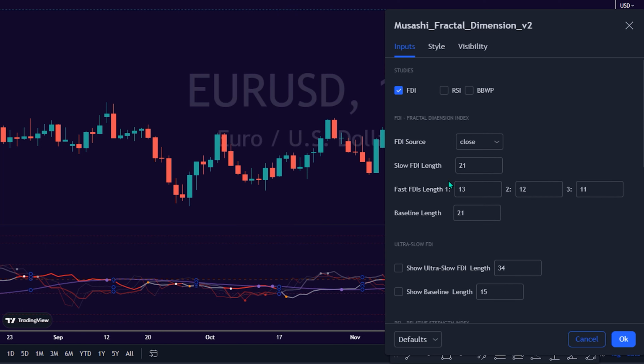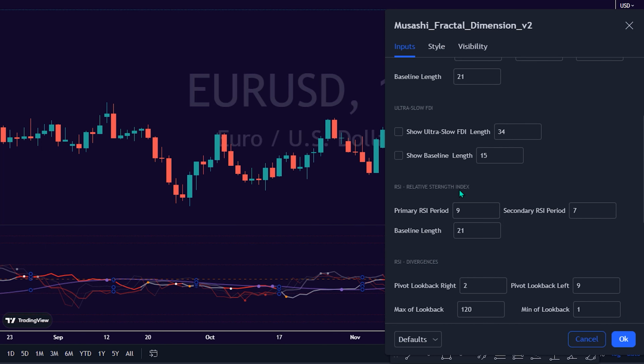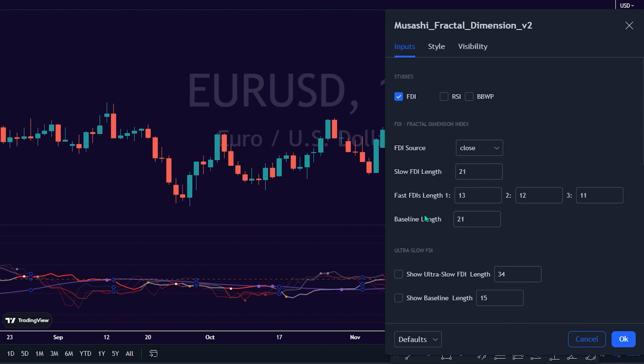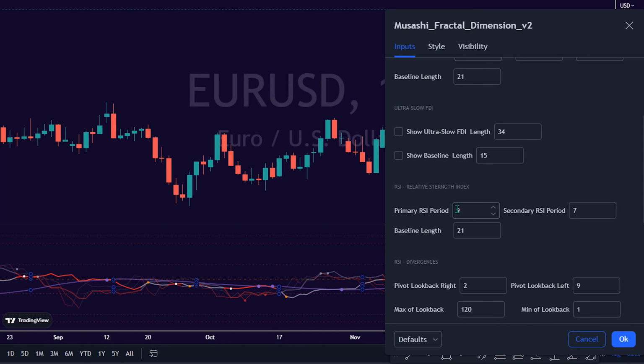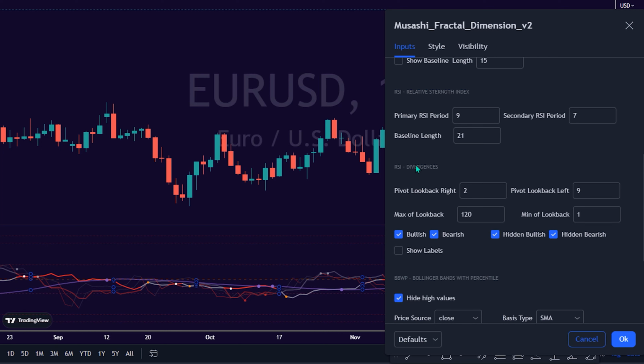There is also momentum and speed, included by checking RSI study in the indicator properties. This will add 2 RSI, 9 and 7 periods, plus a baseline calculated the same way as for FDI. It also includes RSI divergences, regular and hidden, and deactivation with a simple check in the RSI section of the properties.